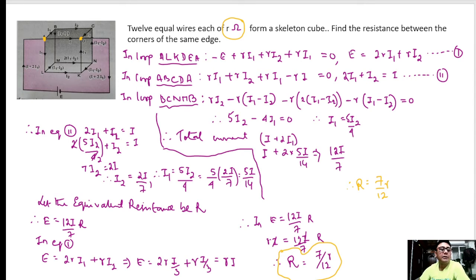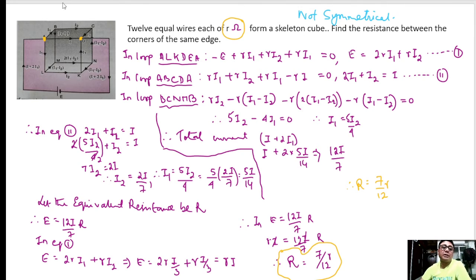So watch here. Here is the EMF E. Let the current coming out be I plus 2I1. I plus 2I1 is the current coming out. Mind it, it is not symmetrical. The previous one was symmetrical.